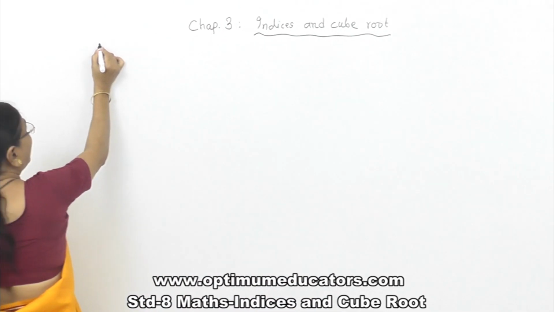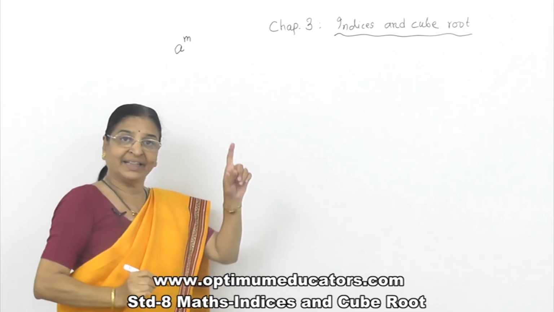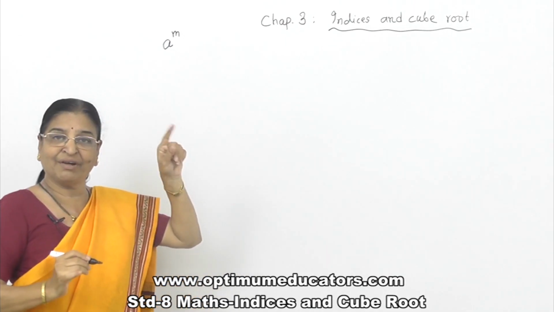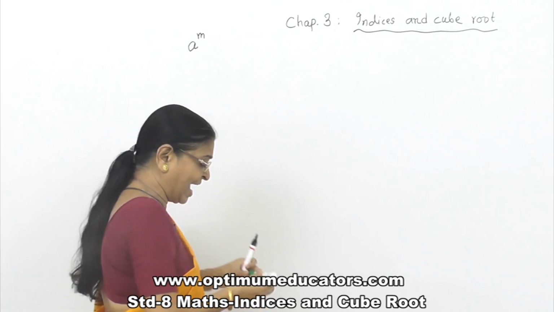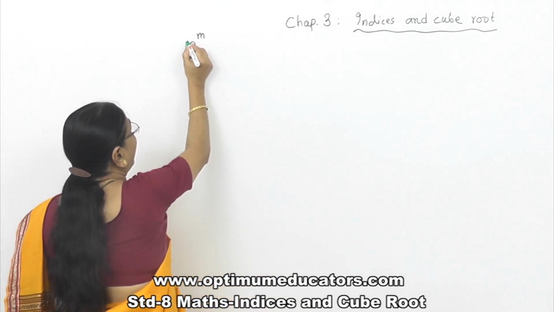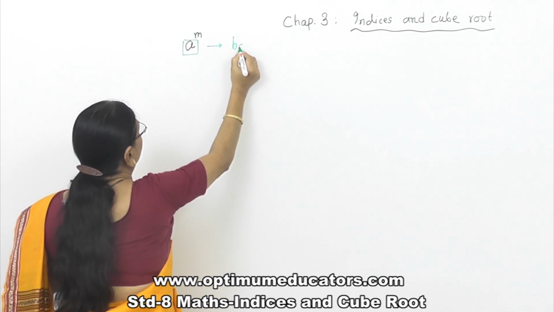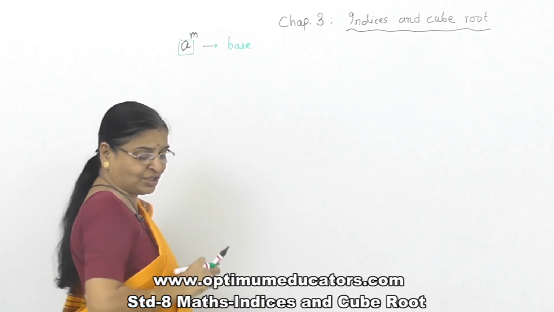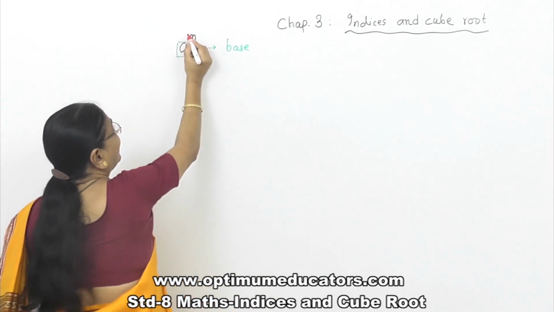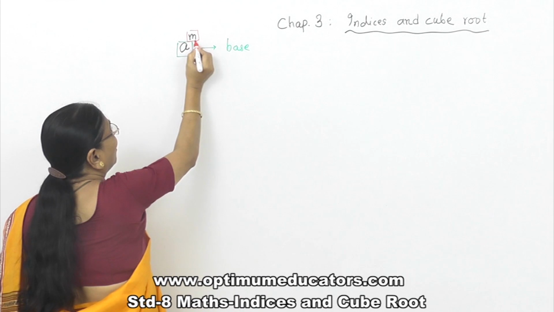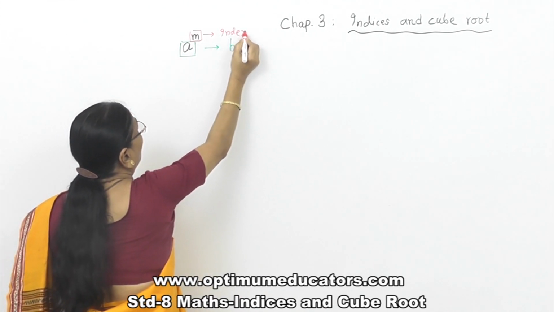When a number is written in the form of a raised to m, then it is called a number with index m. Here a is a number which is repeated, which is called the base, and of course the number which is written on the top of it, on its head, is known as the index or the power.